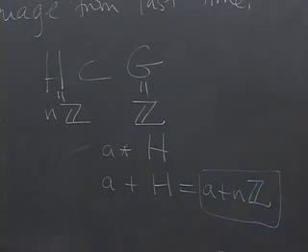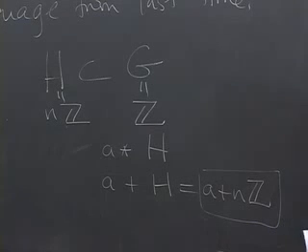One of the important themes here is that you lose a lot of information when you pass from all of the integers to the cosets, just as you lose a lot of information when you pass from all of the integers to evens and odds.